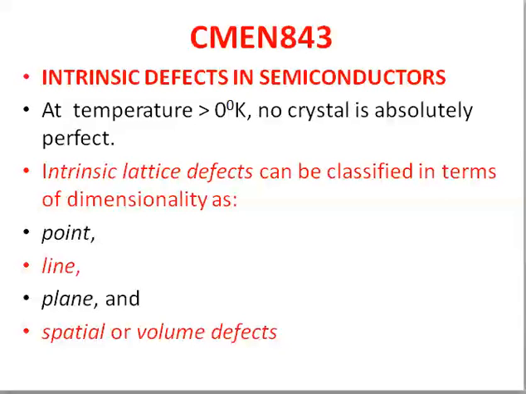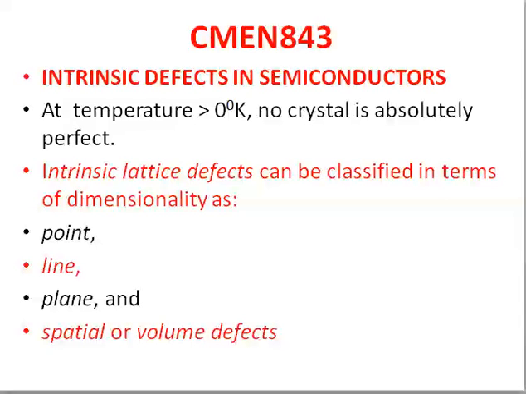We have also seen that we have elemental semiconductors like silicon and germanium, and we have compound solid state semiconductors. So a defect is nothing but an irregularity or improper arrangement of molecules in any of the semiconductor materials being used.